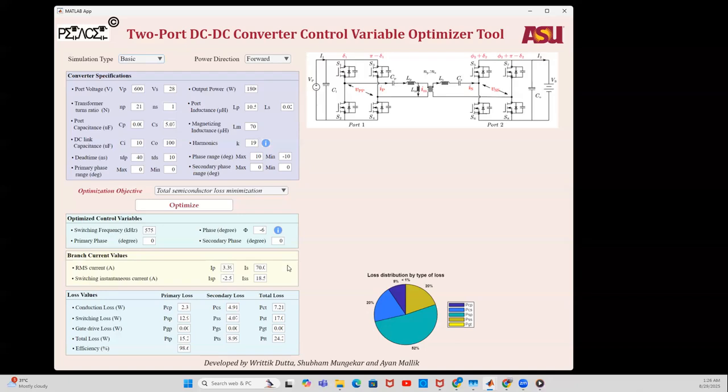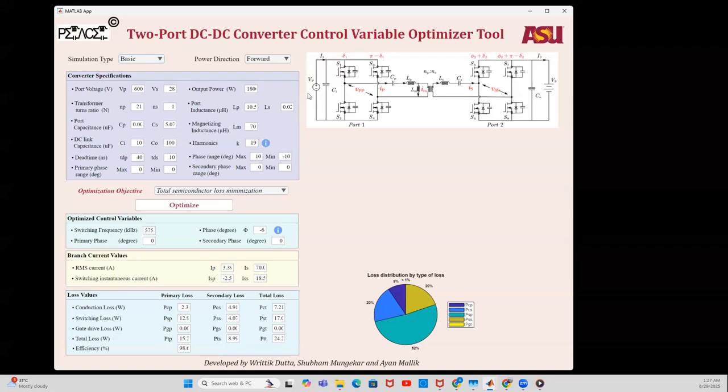In this particular scenario, the loss values are obtained for default values of the semiconductor devices. We can look at those values which are mentioned in the optimizer tool notes in order to get a better understanding of it.